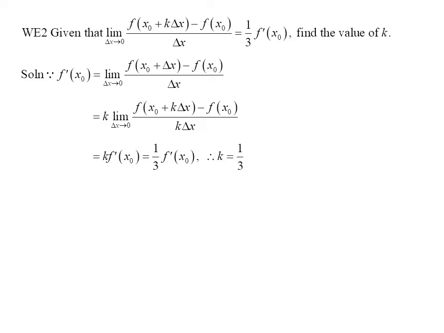Since k f prime of x naught equals f prime of x naught over 3, k equals 1/3.